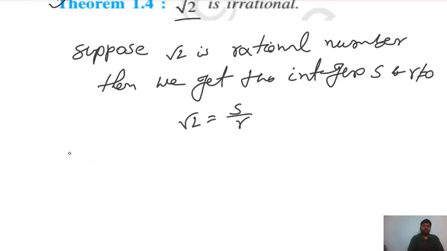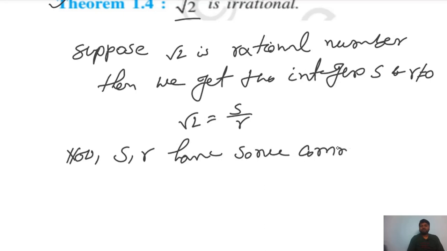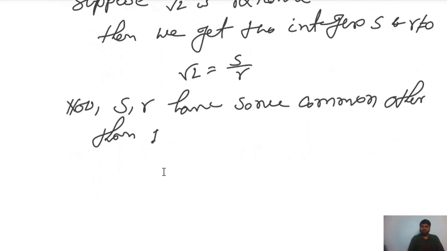Now suppose s and r have some common factor other than 1, so they are not co-prime.